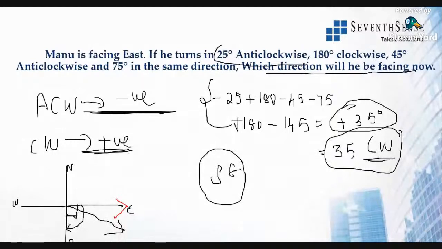I've given the question on the screen. The person is facing south. First, it is 45-degree anti-clockwise, 60-degree clockwise, 120-degree anti-clockwise, 90-degree anti-clockwise, and 180-degree clockwise.